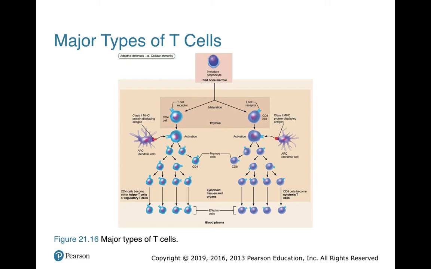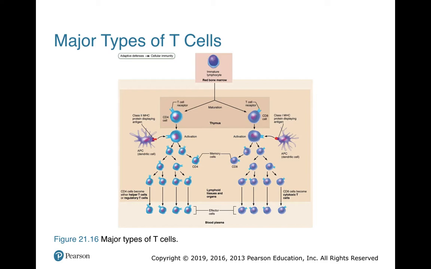So the major types of T cells: an immature lymphocyte leaves the bone marrow, goes to the thymus, matures to either express a T cell receptor and the CD4 molecule, or a T cell receptor and the CD8 molecule.